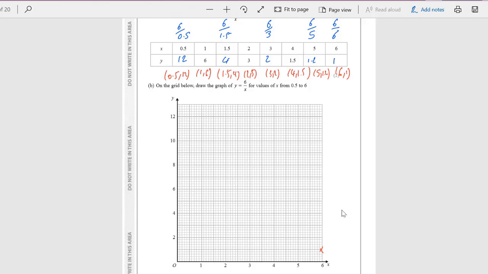And you're going to mark very precisely, unlike what I've done there, but very precisely. So that's 1, 6. Okay, and then so on and so forth. So 5, 1.2. It might be slightly futile for me to do it because it won't be very precise, but essentially you plot all of the points, and then here it's going to be 12.